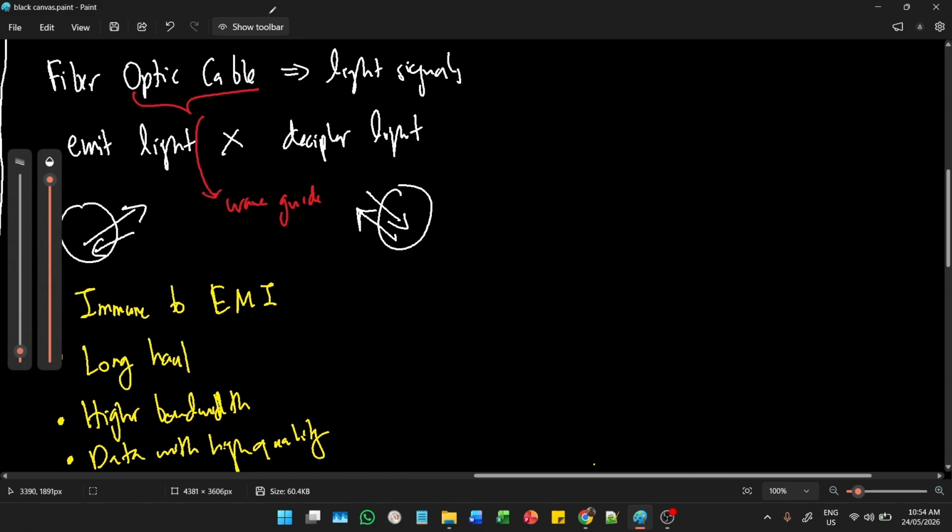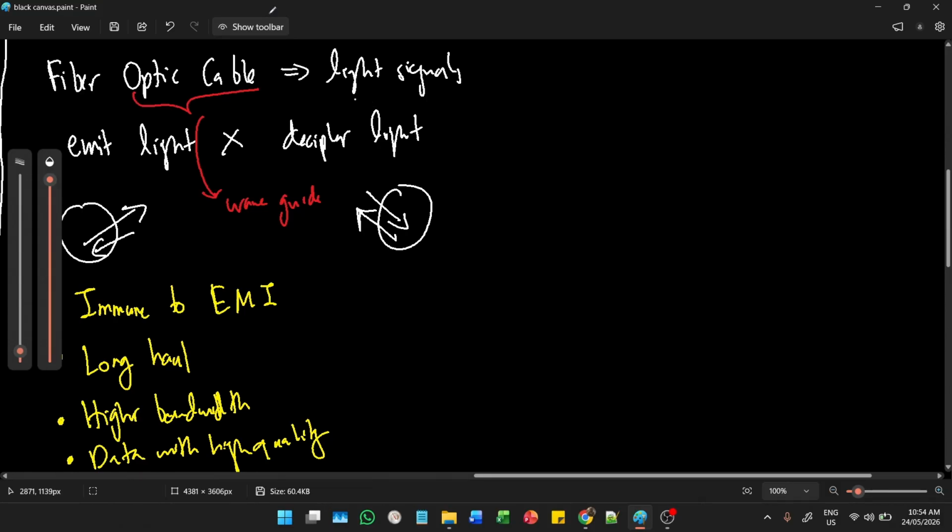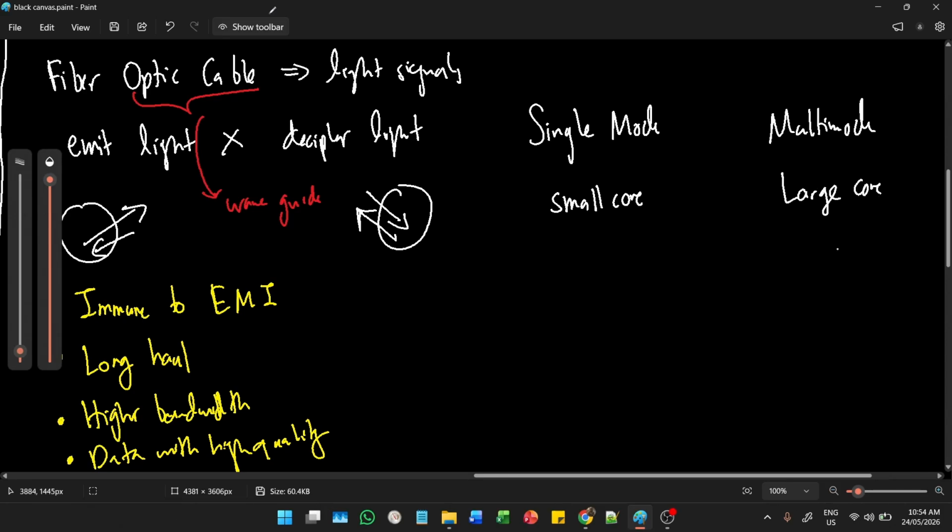So fiber optic cable mainly has two types: single mode and multi-mode, right? So let's talk about both of these. Single mode has a small core, whereas multi-mode has a large core, right?